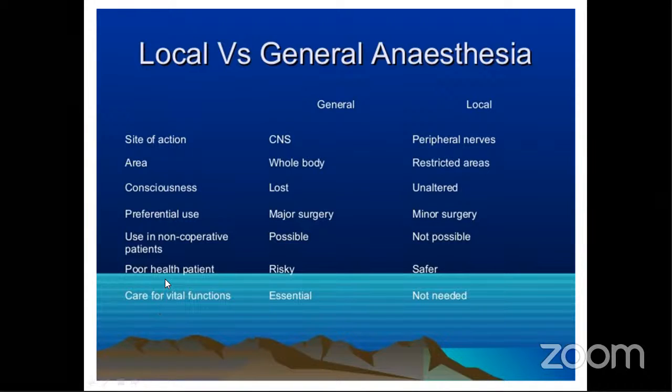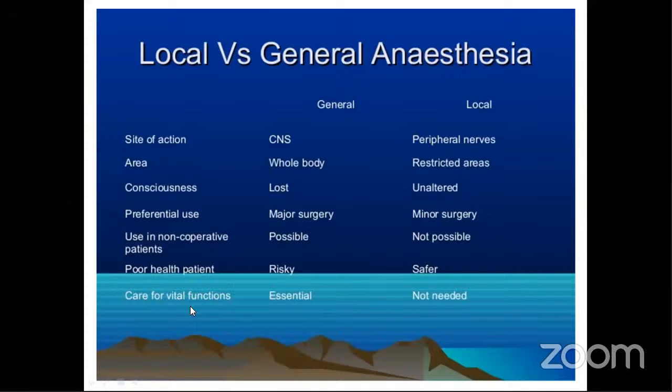Poor health patients, it is very risky. If the patient is not in good health, you have to prefer local, that is safe. Care for vital functions is essential because you are anesthetizing the whole body. That's why you have to care for the vital functions of other organs like heart and kidney.